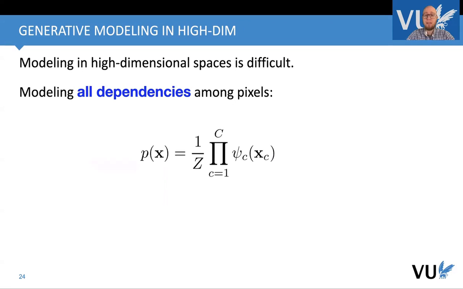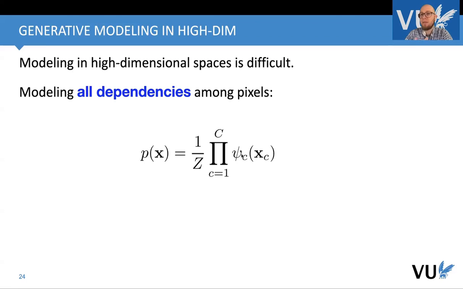And mathematically speaking, we can imagine all possible dependencies among pixels. So go wild and think of any possible pattern, and we can even say that maybe there is an infinite number of these patterns. We denote these patterns by this psi.